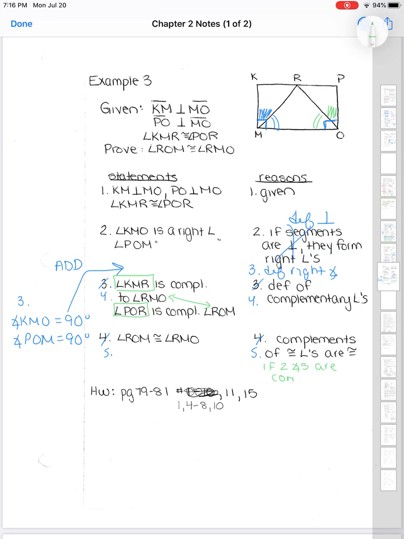So KMR and POR are equal to each other. Therefore, we can say that these other two angles, which is our proof statement, which is the last line we write down here, are congruent because, I'm going to write this out a little bit more, if two angles are complementary to congruent angles, then they are congruent.